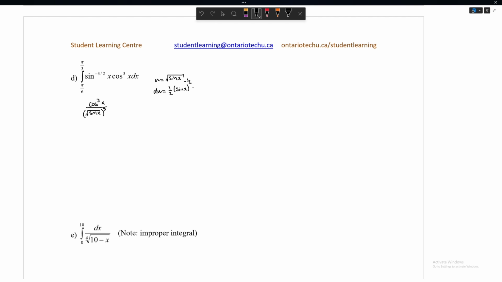Negative 1 over 2, and then I gotta multiply it by the derivative of the inside, which is cos x dx, right? And so if I take the half to the other side, I'll get 2 du equals cos x all over root sine x dx.